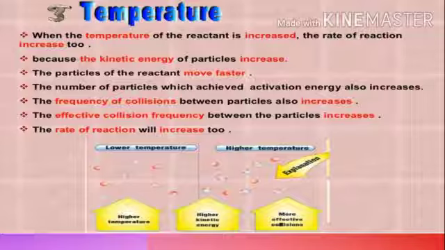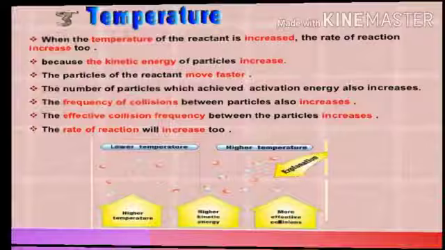In some cases, reactions do not take place at room temperature, but take place at higher temperature. When we increase the temperature, the kinetic energy of the particles increases. As a result, the effective collision frequency between the reactant molecules increases. So, the rate of reaction increases with the increase of temperature.